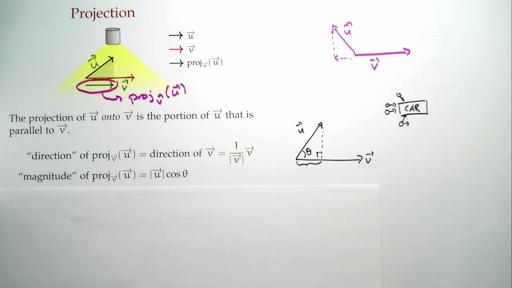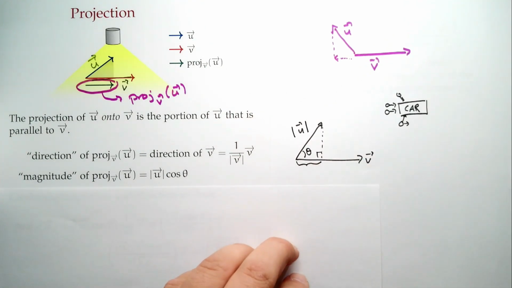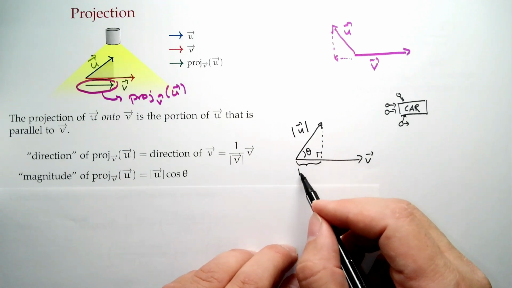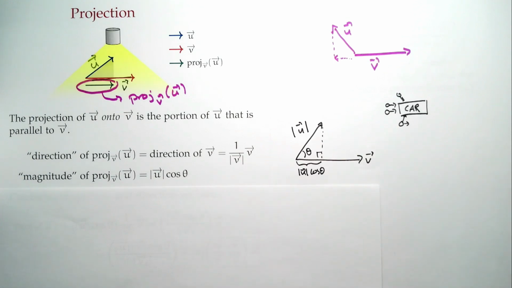In terms of right triangles, that's my adjacent side, and the length of the hypotenuse is the magnitude of u. So this adjacent side is the length of the hypotenuse times cosine theta. That's how the cosine function works. So that's the right length.